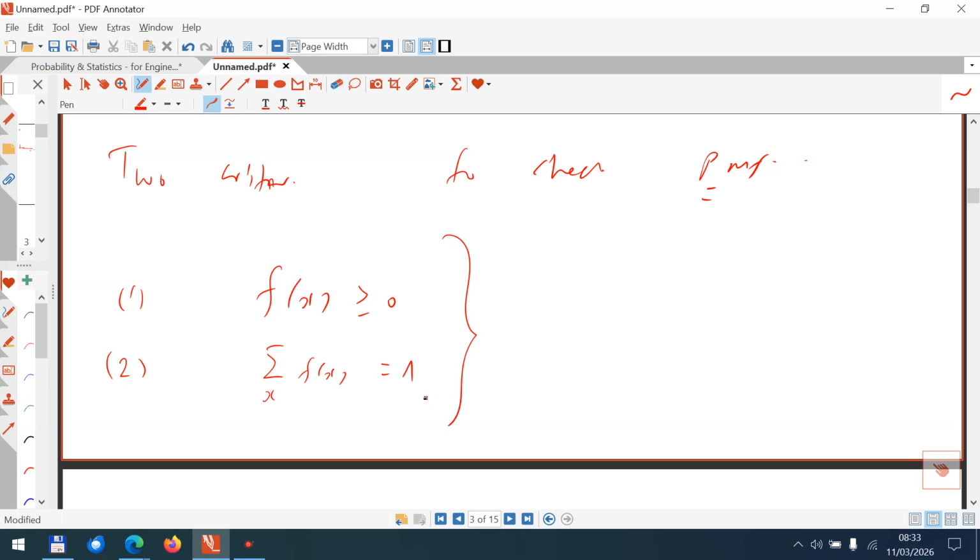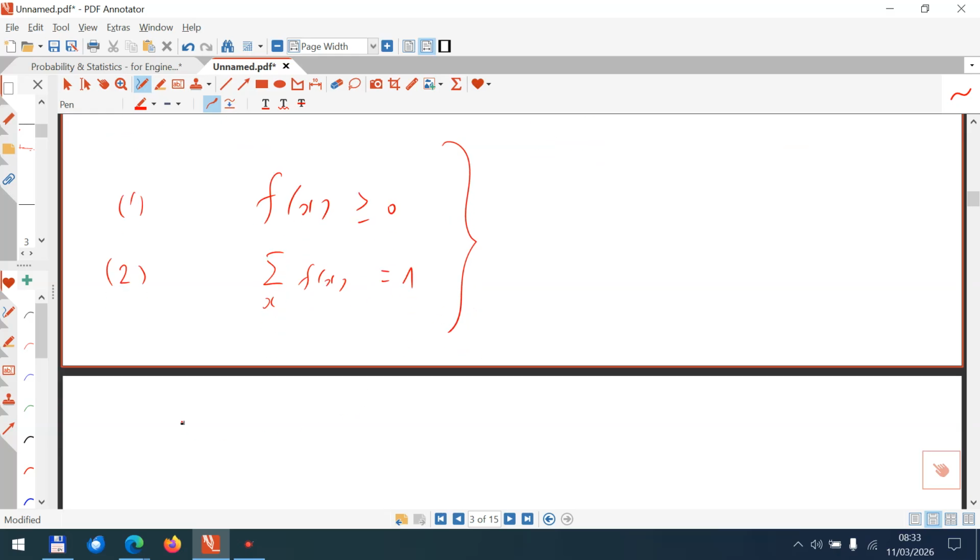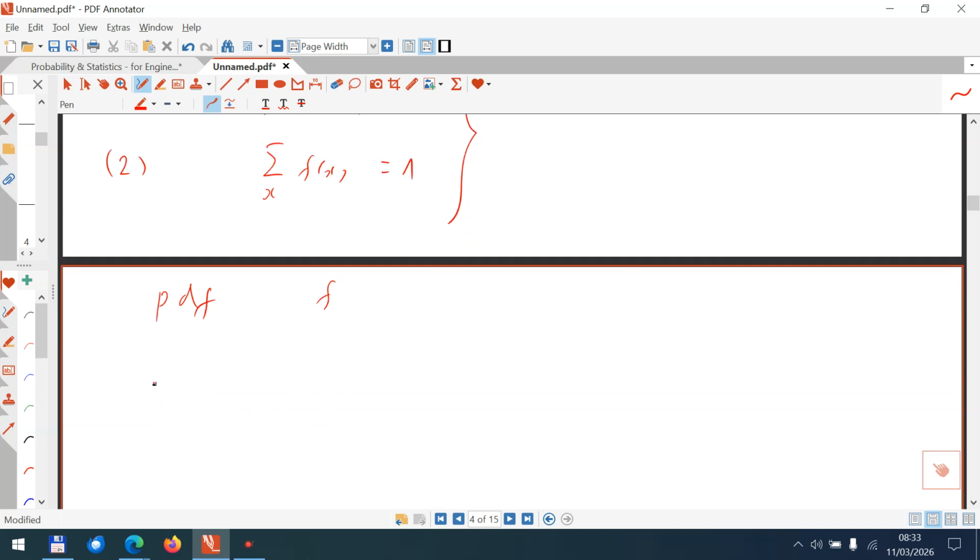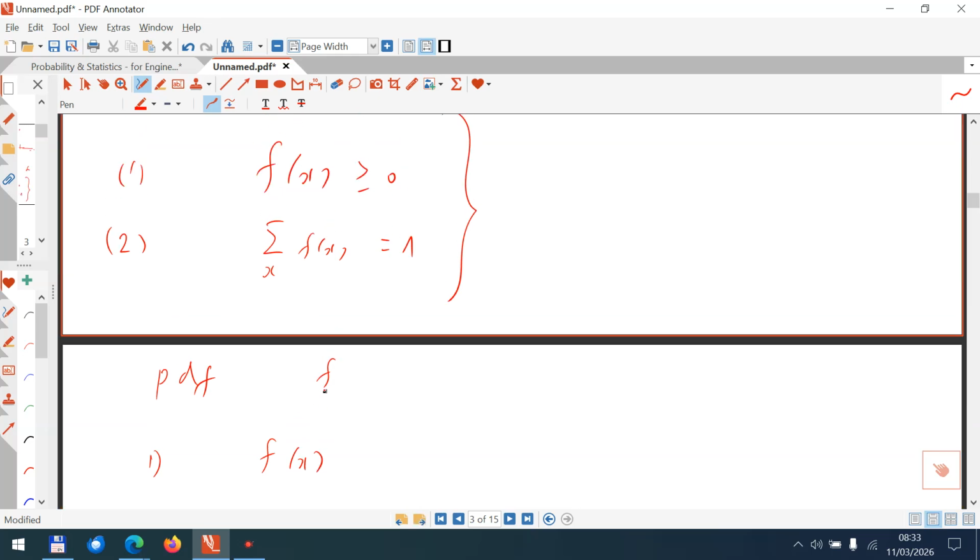Now you need to derive a similar rule for PDF. What if f is a PDF? Will the first condition change, or will it be the same? Think about it.